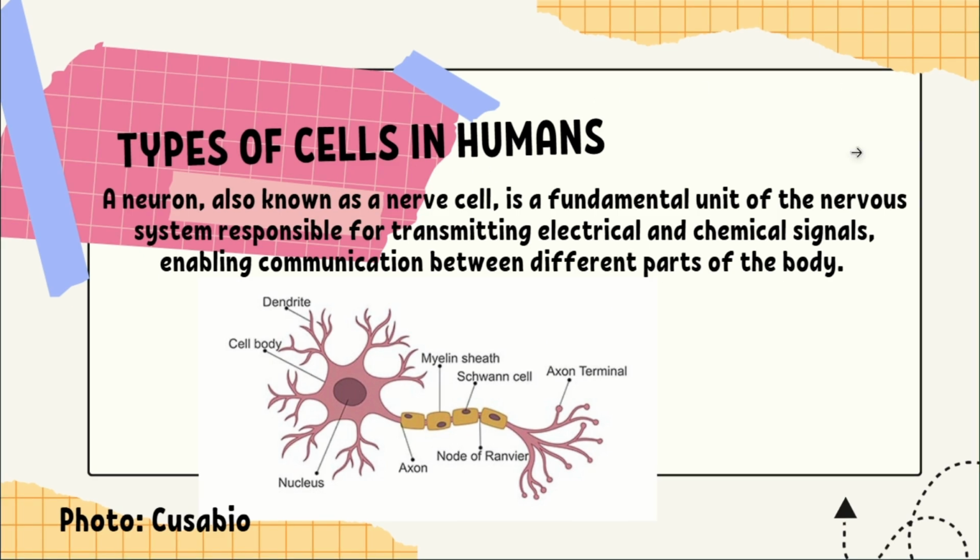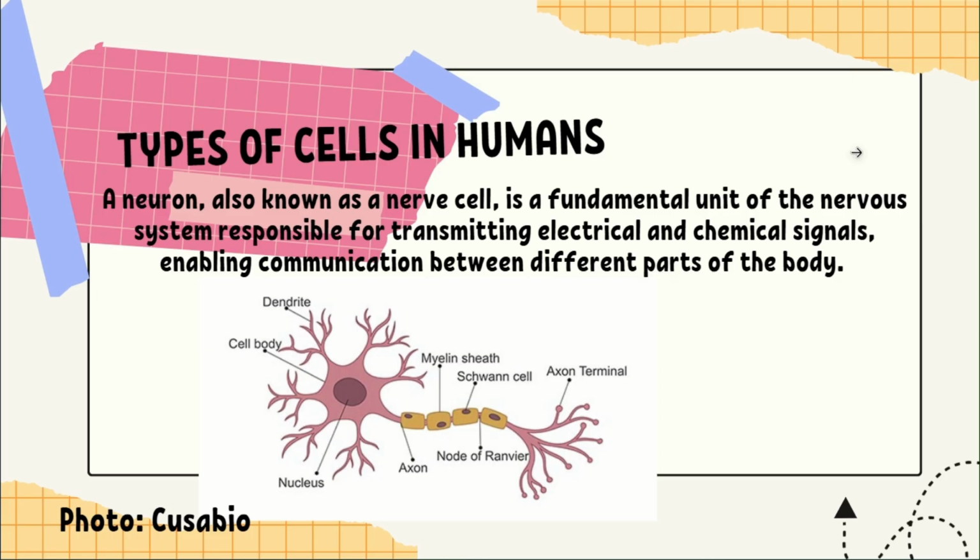If we're just going to give a brief overview, the dendrites receive incoming signals from other neurons, right? And then it goes in. You have the cell body.